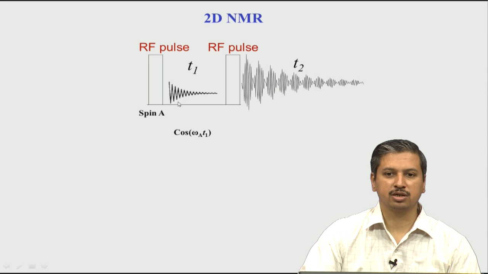So, let us imagine that you are applying the first RF pulse to a spin A, one atom in the molecule. Now, that will start evolving by chemical shift. Remember, we saw in the 1D NMR part that this is written as cosine omega T, where omega is the chemical shift or frequency and T is the time.